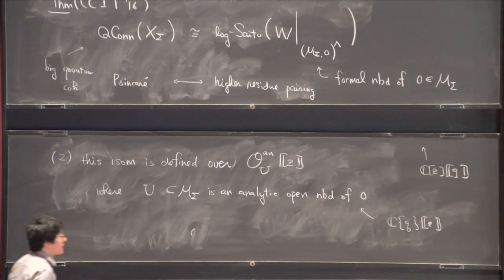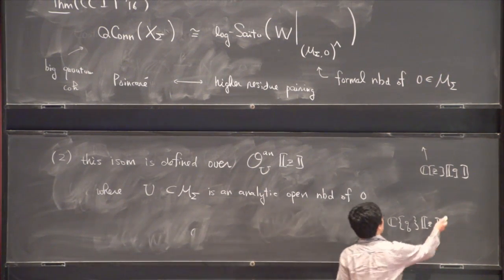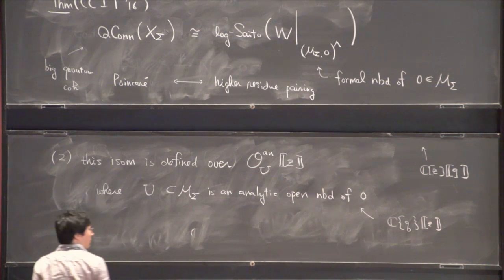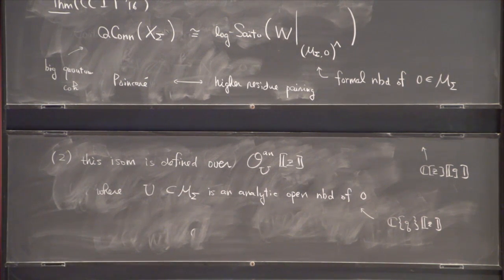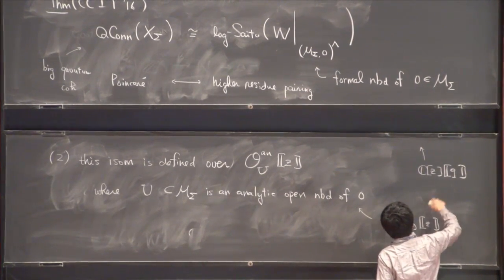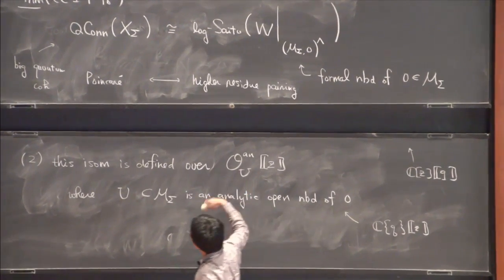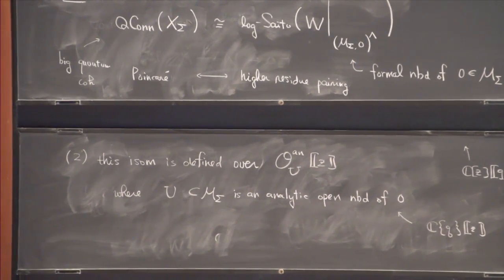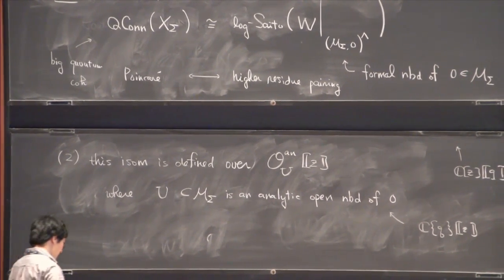Otherwise I cannot move away from Q equals 0, and it's difficult to talk about Stokes structure. These two rings are not contained in each other, so they do not imply each other.